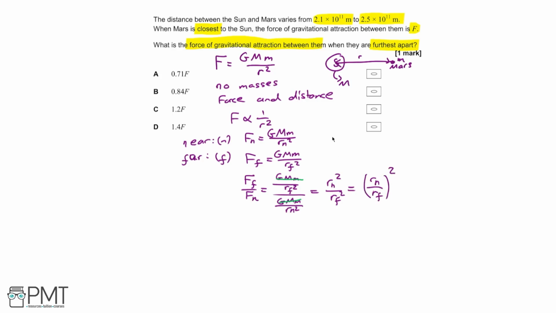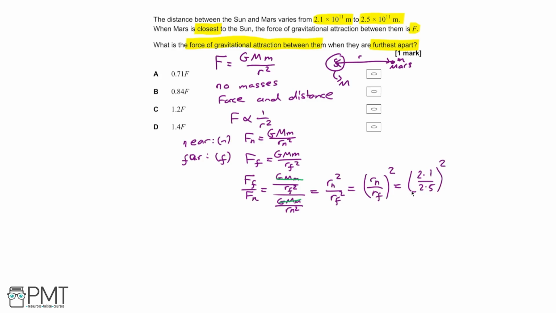So now we can translate this into the quantities given in the question, specifically that we know that Rn is equal to 2.1 times 10 to the 11, and Rf is 2.5 times 10 to the 11. And note that because they're in the same units and they divide each other, we don't need to include the times 10 to the 11 in our calculation.